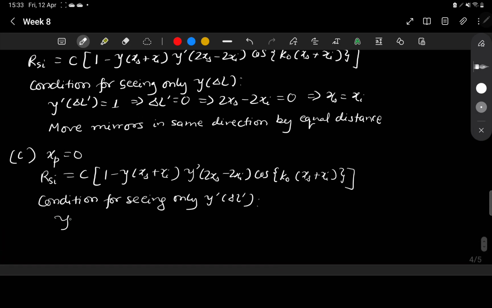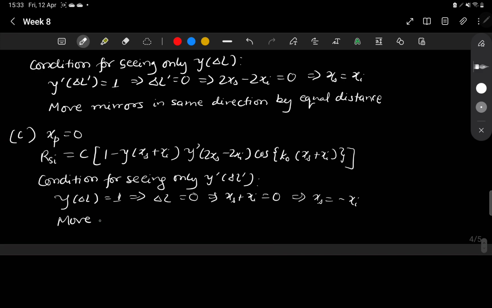This means that the other term, which is gamma delta L, should be equal to 1. So delta L should be 0. This gives xs equals minus xi. This means that we should move the mirrors in opposite direction.